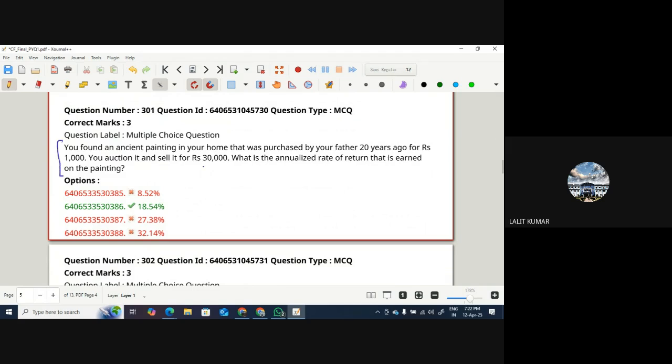Next question. You found an ancient painting in your home that was purchased by your father 20 years ago for ₹1,000. You auction it and sell it for ₹30,000. What is the annualized rate of return that is earned on this painting? So here the formula is that your final amount X final is equal to (1 plus RF) to the power P into X0.